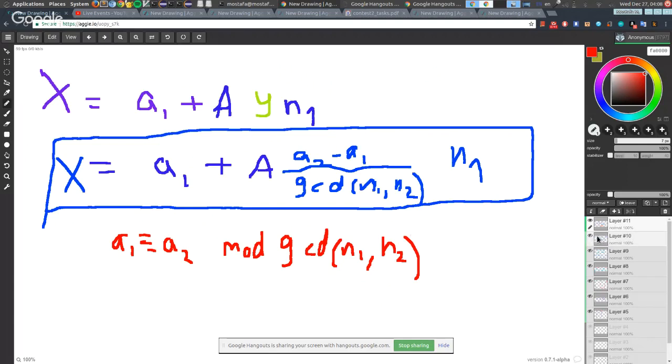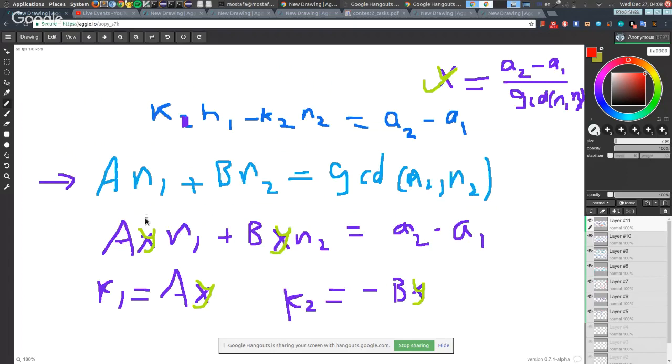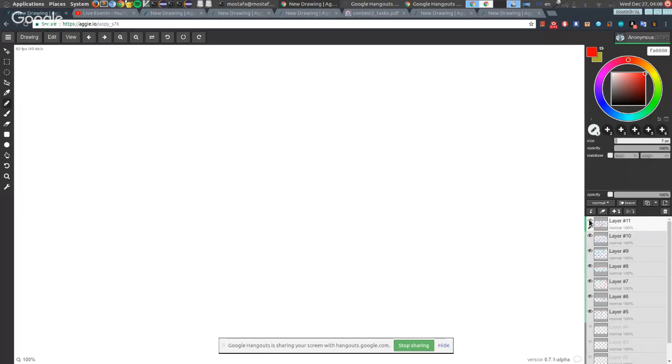And the second important observation is that these a and b are not unique. We can get all the possible a's and b's that would satisfy this equation. Let's say we have this as one solution of the Bezout's identity.